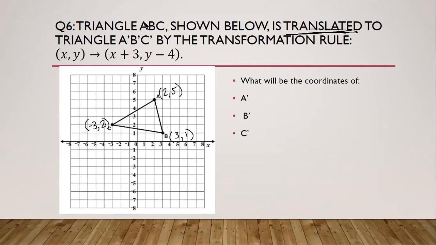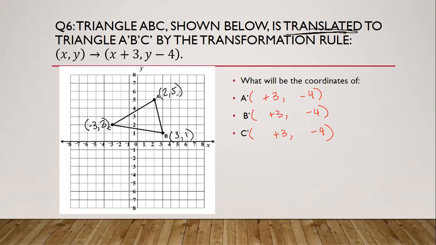So when I get my transformed points, each one of my x's is going to be added by 3, and each y is going to be subtracted by 4. So plus 3, minus 4. Plus 3, minus 4. That's my rule, what I'm using from right up here.